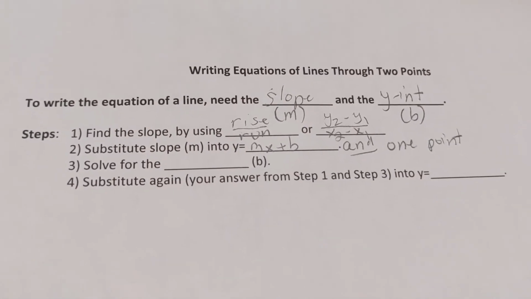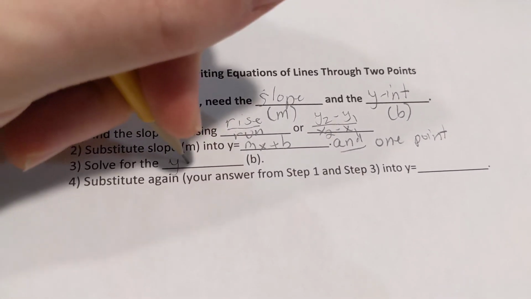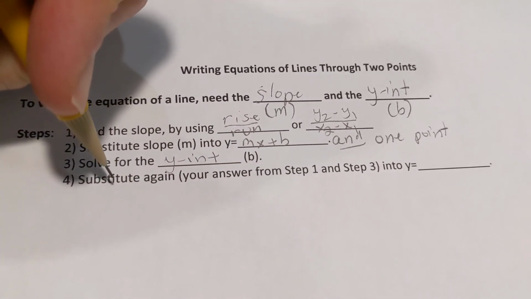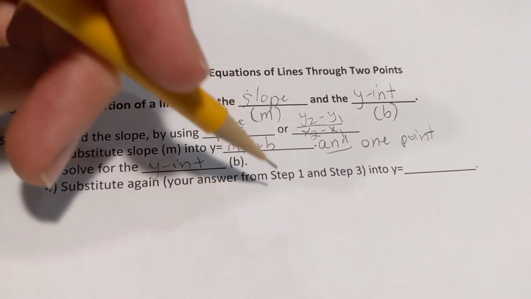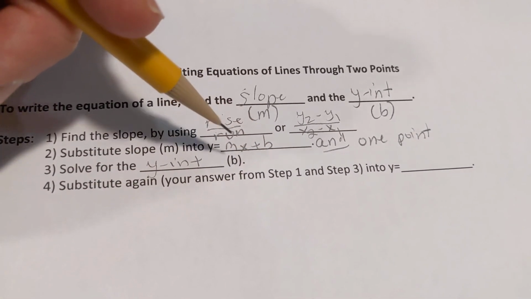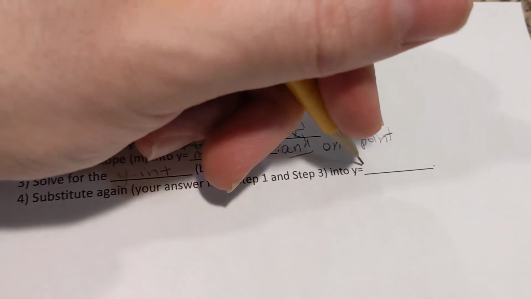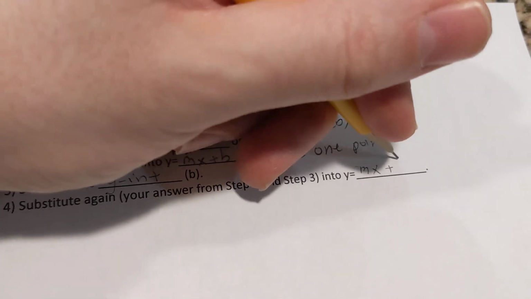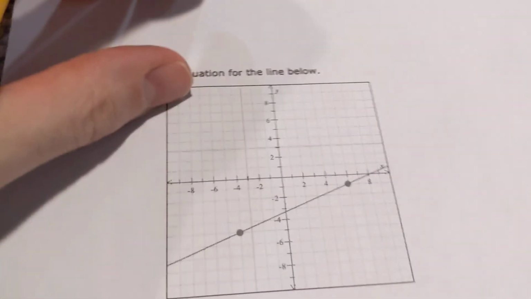Step 3. Now that we have the slope, we're going to solve for the y-intercept. All right? And now that we have the y-intercept, we need to write the equation. So we're going to substitute again your answer from step 1. Step 1 gave you the slope. Step 3 gave you the y-intercept into y equals mx plus b.